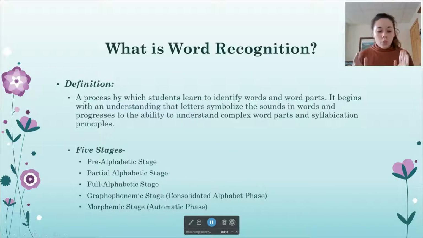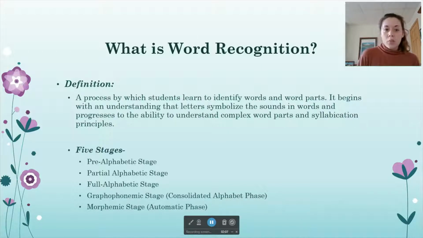What is word recognition? Word recognition is a process by which students learn to identify words and word parts. It begins with an understanding that letters symbolize the sounds in words and progresses to the ability to understand complex word parts and syllabication principles. There are 5 stages that we're going to talk about.